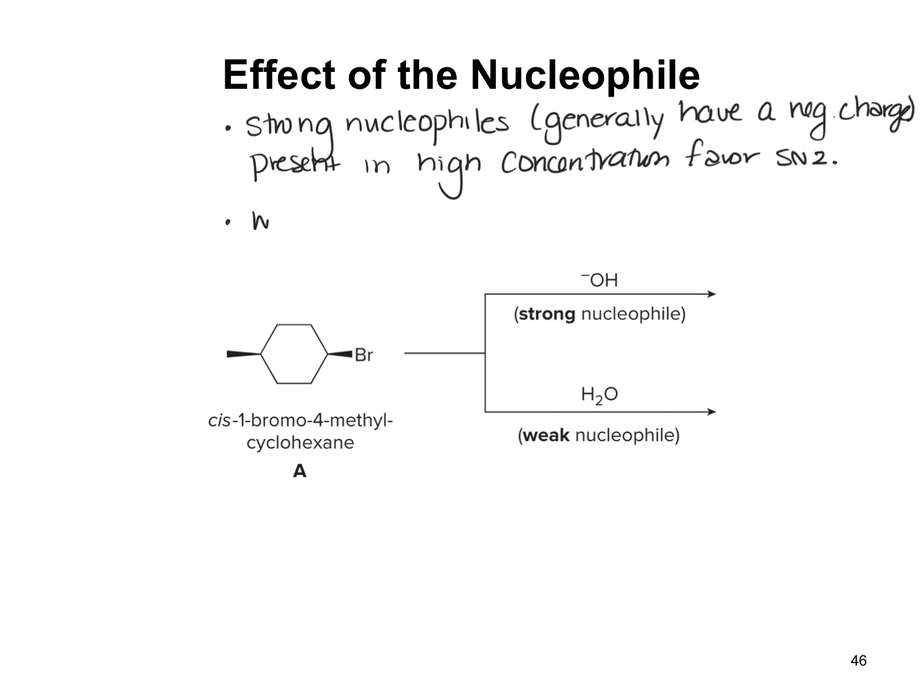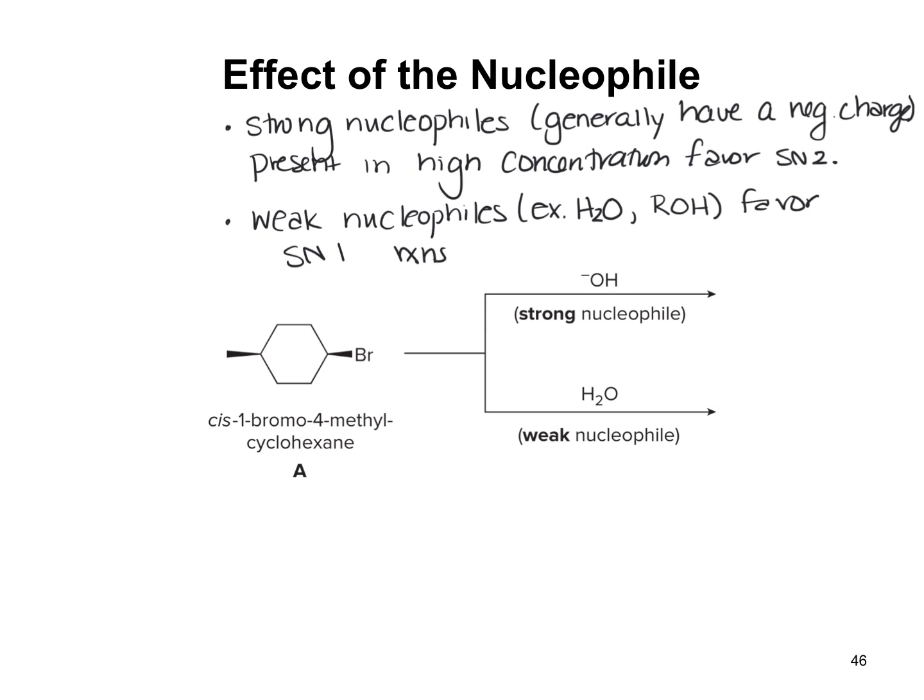Weak nucleophiles, which generally don't have a charge, are things like water and alcohols. They favor SN1 reactions, and they do this by decreasing the rate of any competing SN2 reaction.